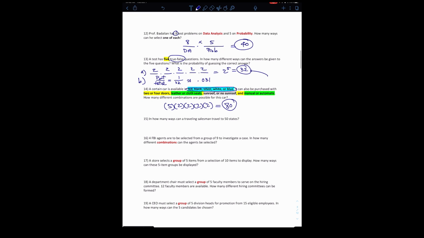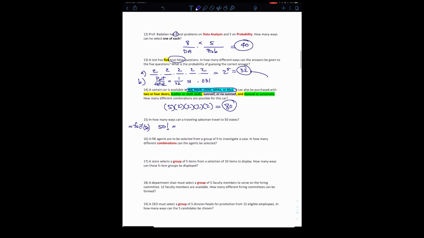Excellent. So let's look at how many ways a traveling salesman can travel to 50 states. Again, you have 50 positions, and for the first you get 50 ways you can go, then 49 ways, then 48 ways. So basically, again, you could use the backdoor thing for this and recognize that this is basically 50 factorial. And if you do that on Excel and type fact of 50, you're going to get a huge answer.